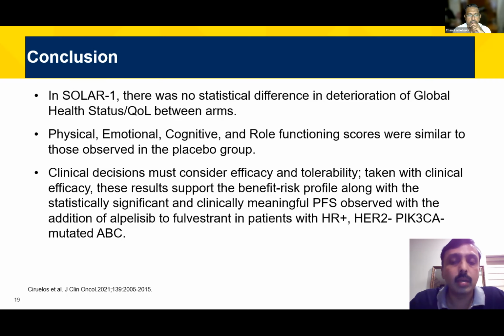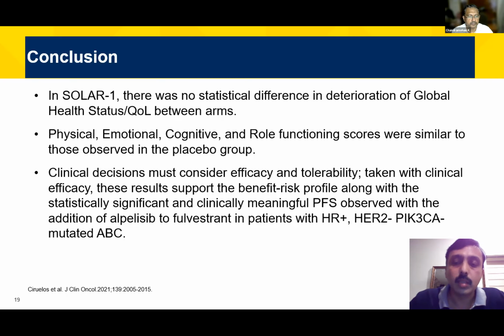So that is one message from this trial. Clinical decisions must consider efficacy and tolerability, which we are very sure about. These results support the benefit-risk profile, along with the statistically significant and clinically meaningful PFS observed with the addition of alpelisib to fulvestrant in this subset of patients, which comprises almost 70% of advanced breast cancers.